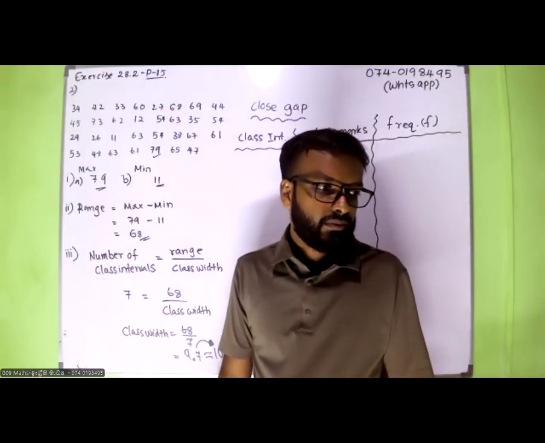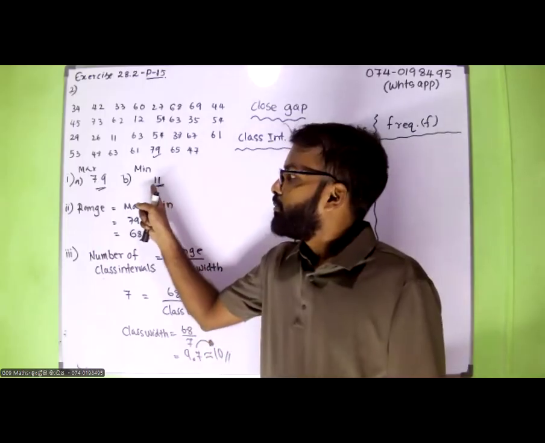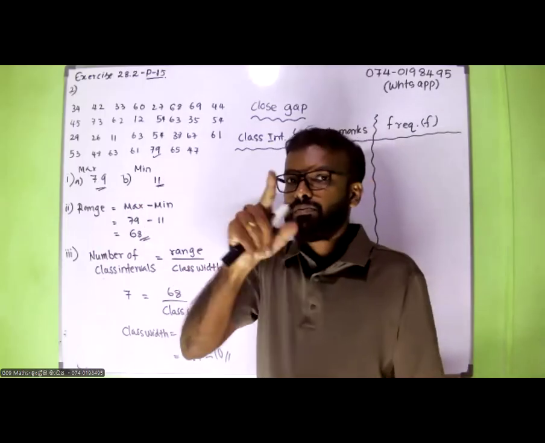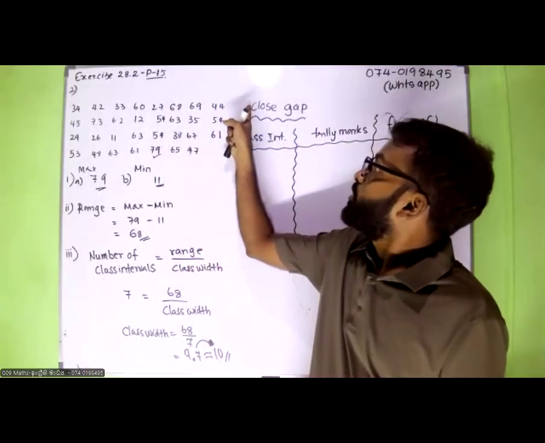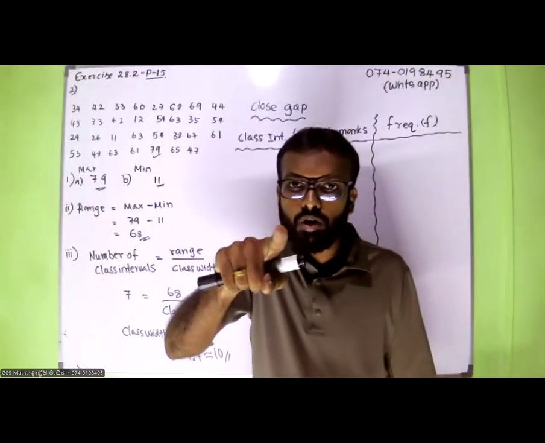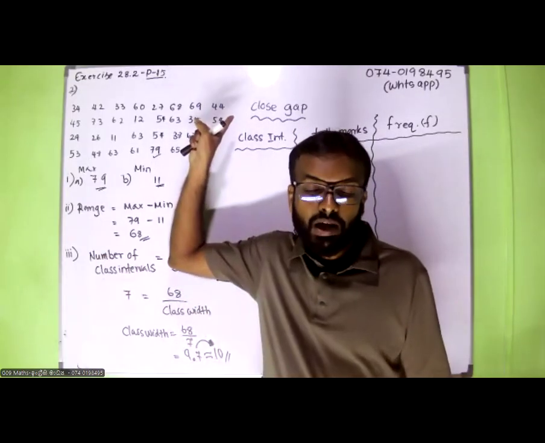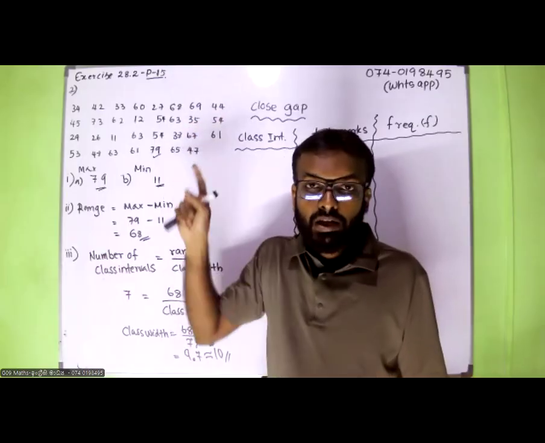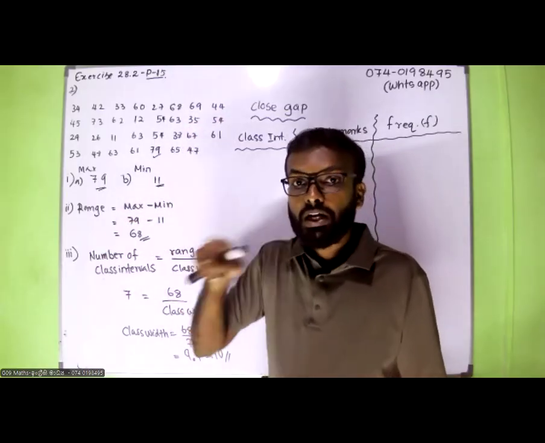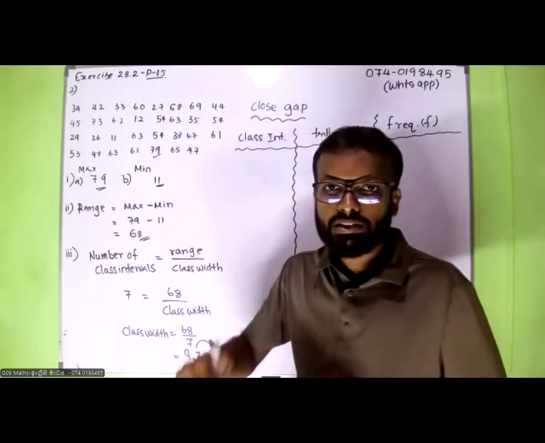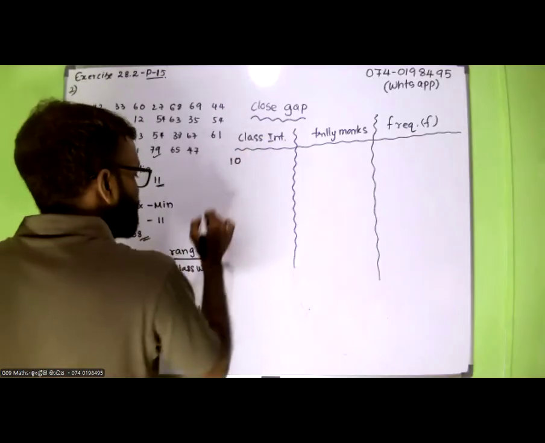You are going to put close gap, so you cannot start it from 11 because this is a close gap. Your minimum value is 11, so you need to subtract 1 from it. 10. Starting point of the first class interval is 10.